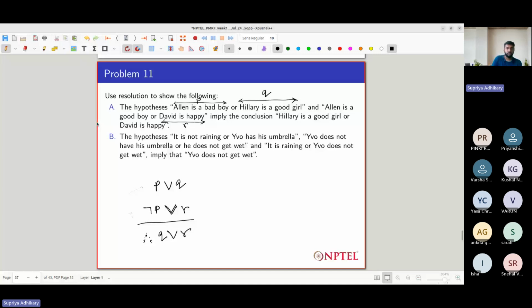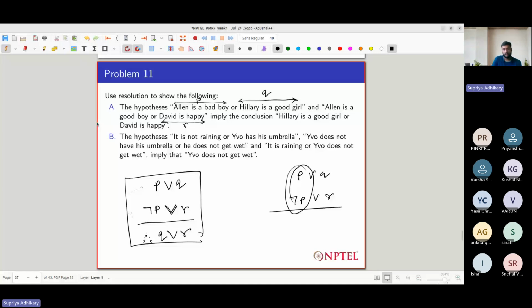This is the resolution rule. That means if we are given something like P or Q, and not P or R, we can eliminate P and conclude Q or R. So this was the rule of resolution.